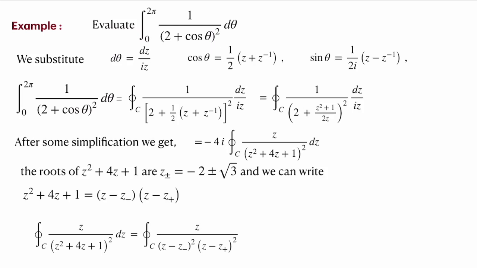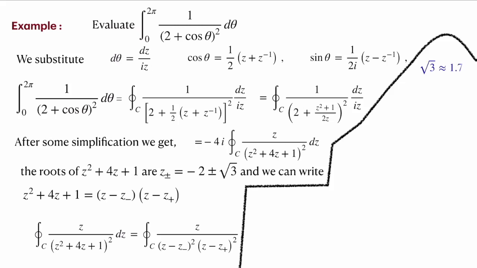Now the contour integral of z by z square plus 4z plus 1 square is simply written as z by z minus z minus square times z minus z plus square over the contour C.